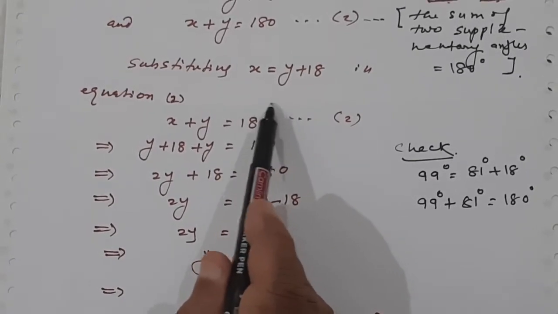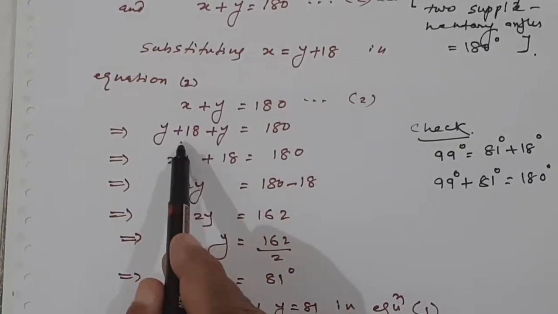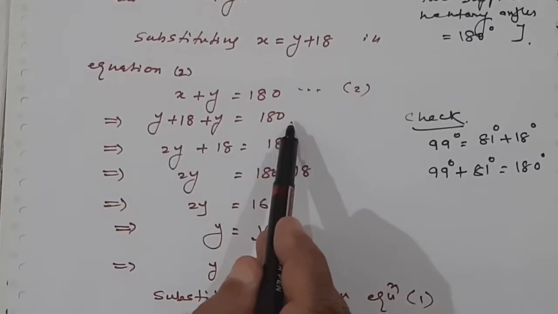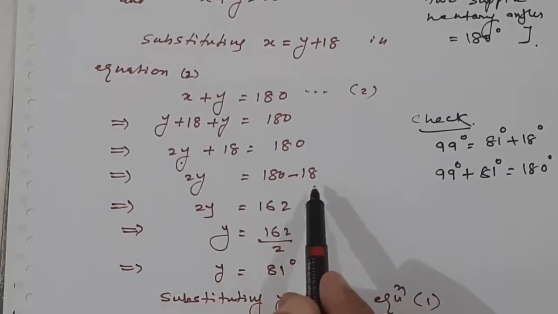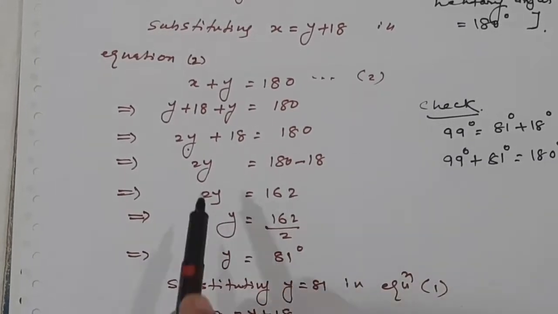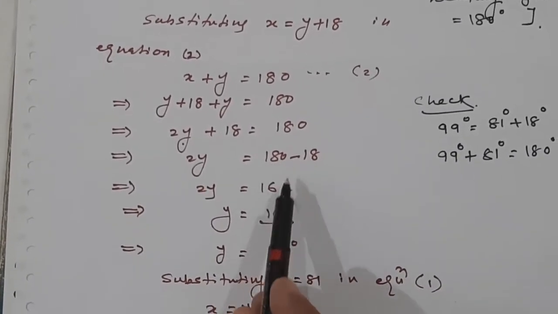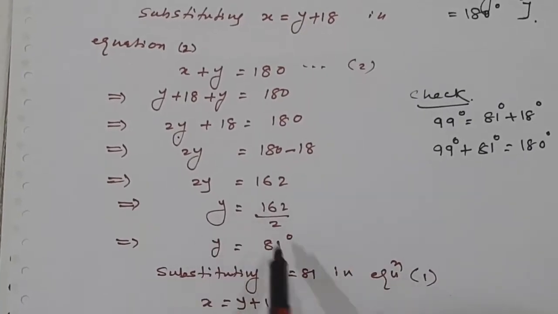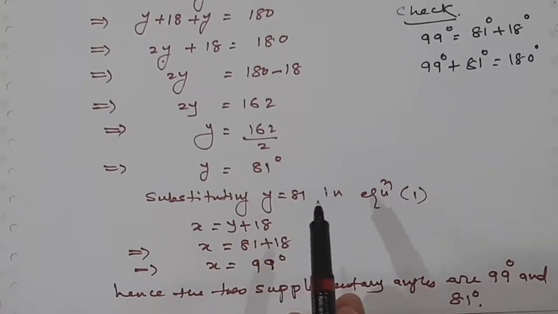So y plus 18 plus y is equal to 180, that is 2y plus 18 is equal to 180. 18 goes to this side and becomes minus, so 2y is equal to 162. Subtract 18 from 180, you get 162. So y is equal to, dividing by 2, 81 degrees.